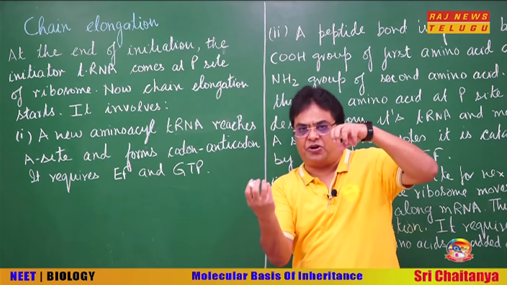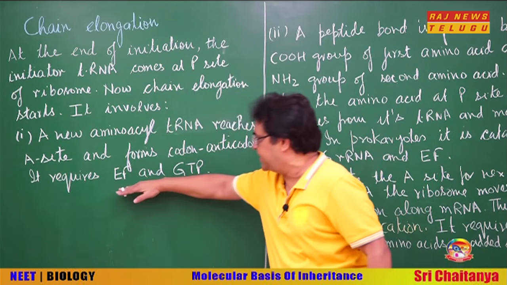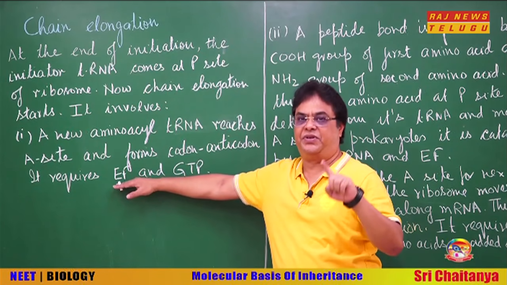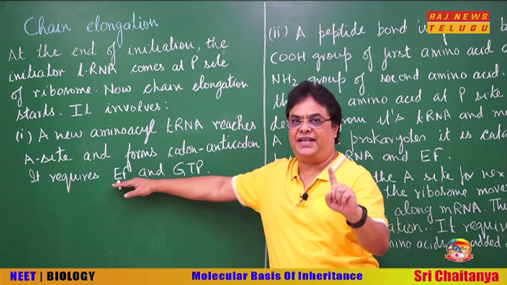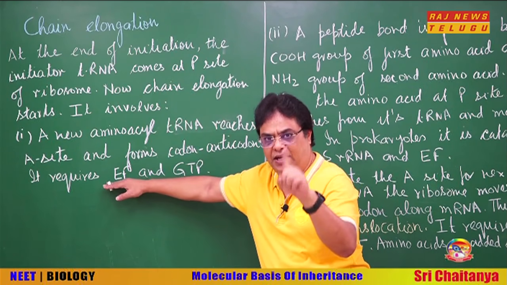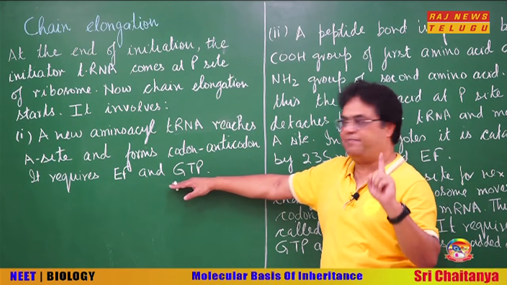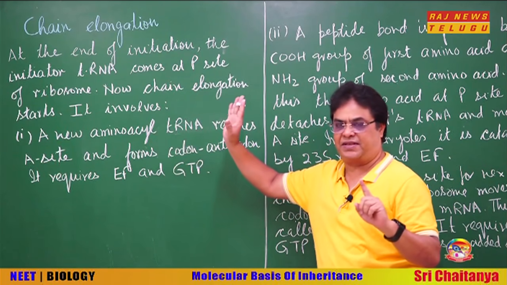The anticodon of tRNA and the codon of mRNA bind. This process requires elongation factors. You remember, in initiation we said initiation factors. Here it is elongation, so it requires elongation factor and an energy molecule, GTP. So this is the first substep.